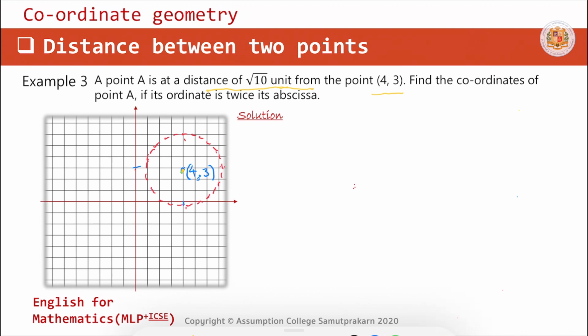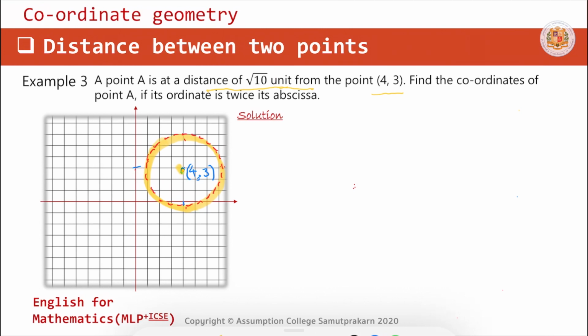Find the coordinates of the point A. A could be anywhere on this circle here, because every point on this circle is square root 10 units from the point (4, 3).